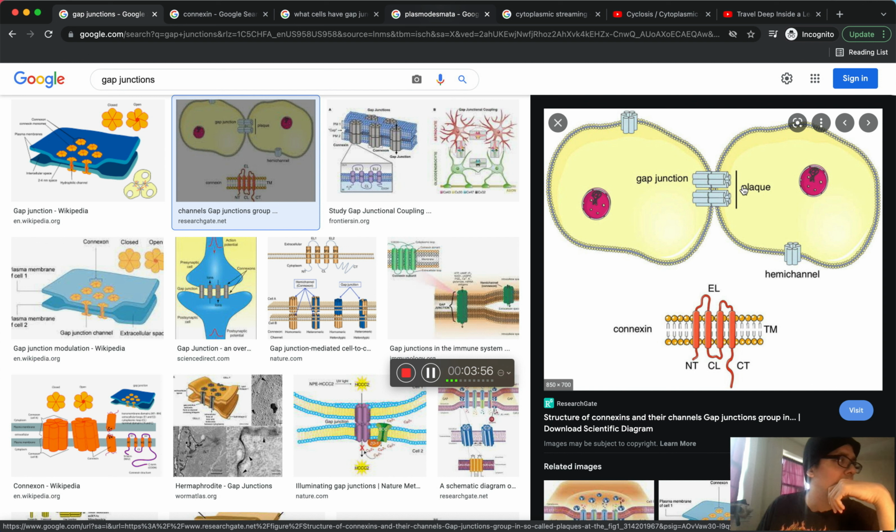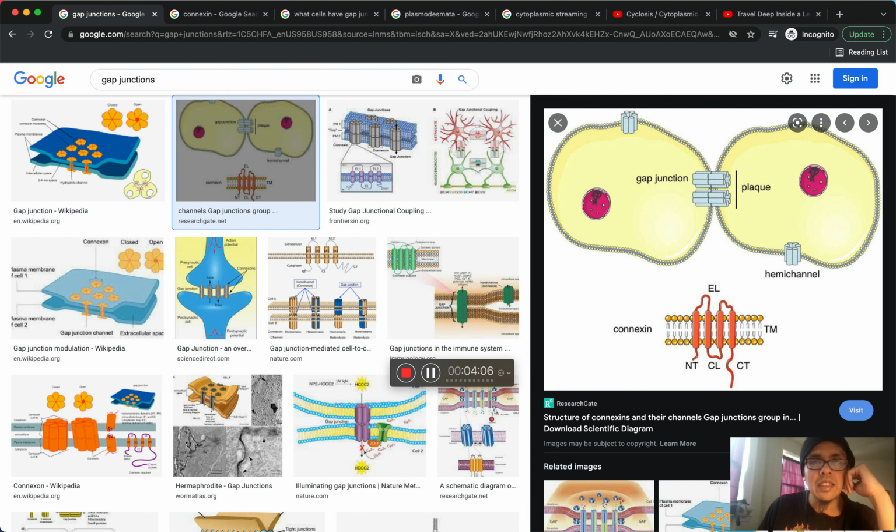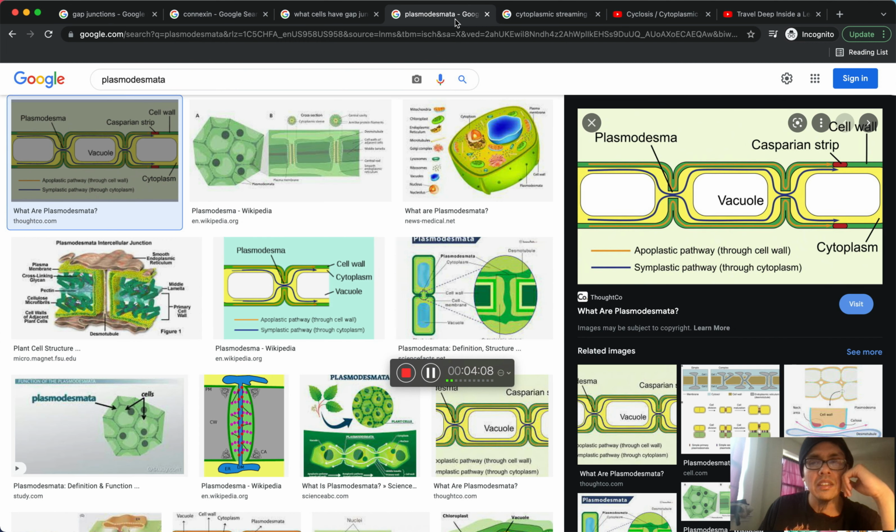In your basic cell biology, you've probably heard of a term that sticks out in your head because it kind of rolls off the tongue, called plasmodesmata. Plasmodesmata is a similar kind of thing, but not the same at all.